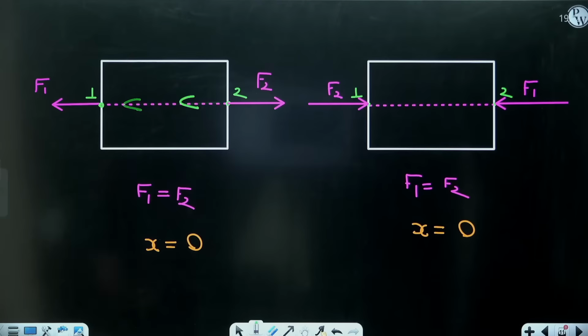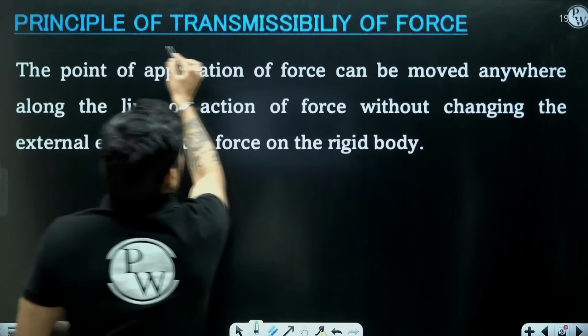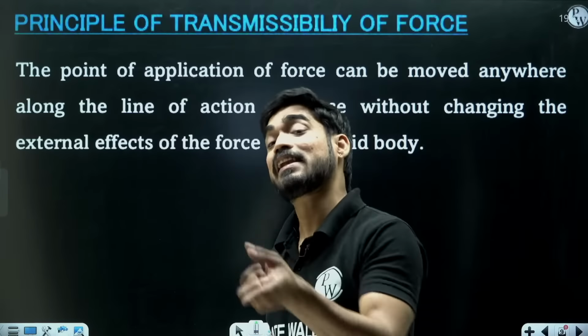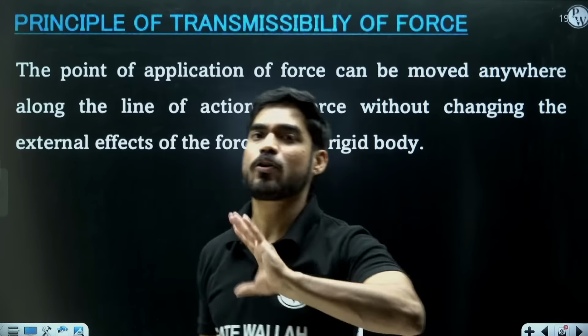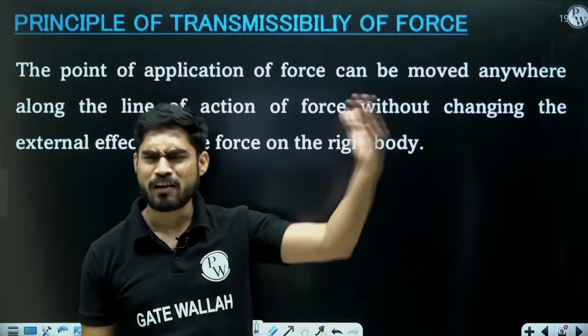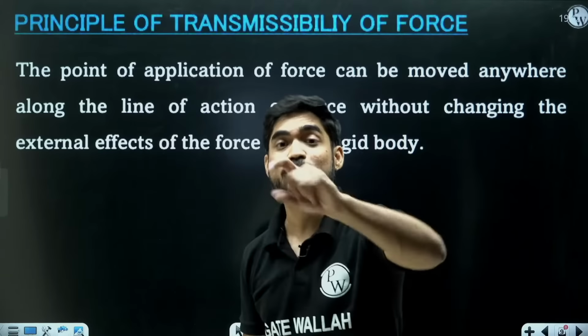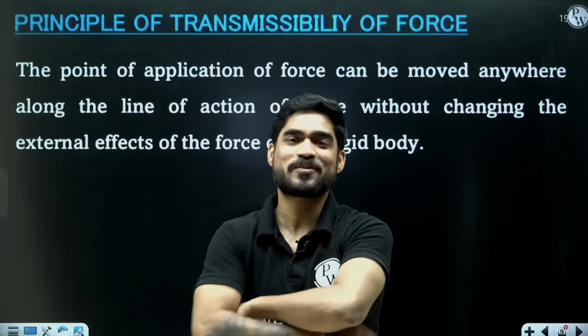Is this clear? Now you might be wondering, what is the significance of this principle of transmissibility of force? You will understand that when we apply this principle. Right now, if I try to explain, you will not understand. But when we solve problems and actually use this principle, you will be able to relate it: oh, that is why we studied the principle of transmissibility.